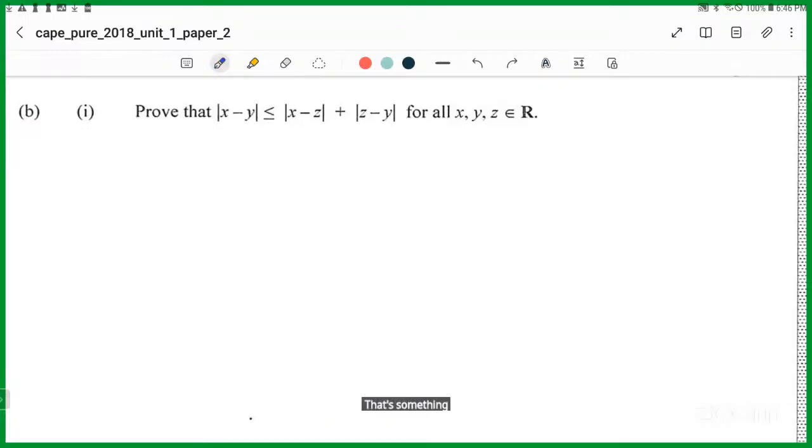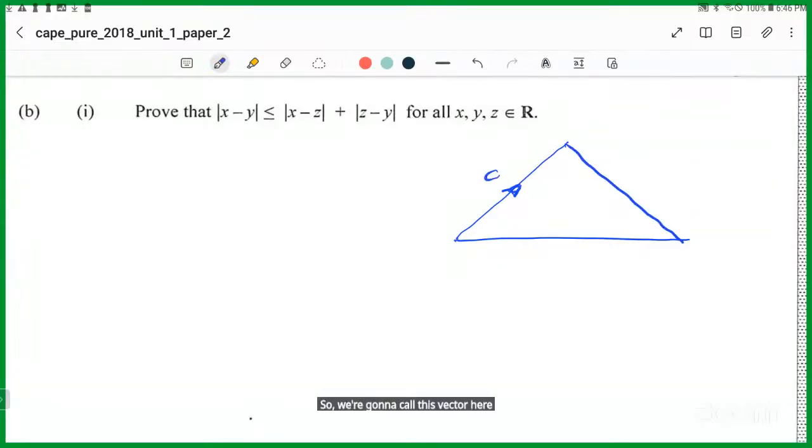We're going to call this vector here A, and this vector down here B. And if this is vector A and this is vector B, then this resultant is A plus B.